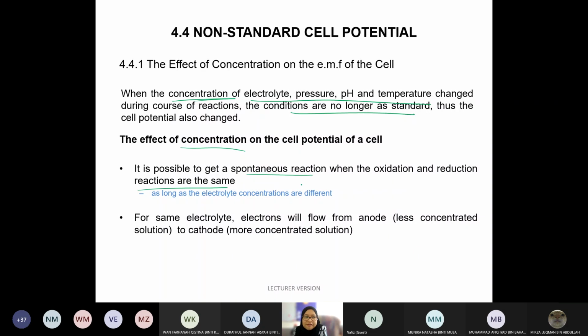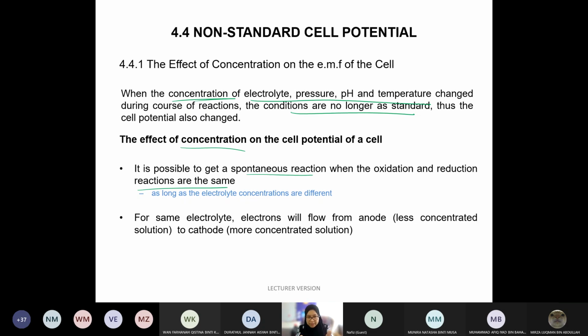Maksudnya, it is referring to the same ions ataupun the same species in the solution. Normally, we would have zinc and then copper. Itu maksudnya the ion solutions are different.